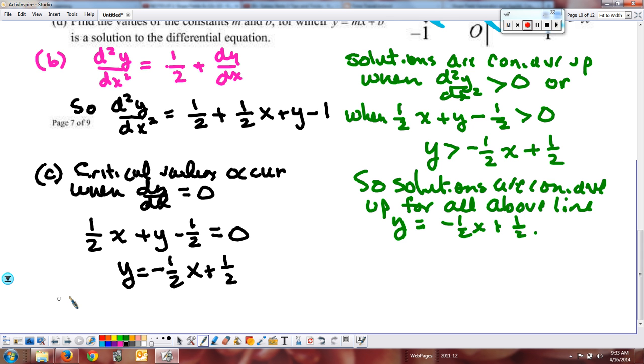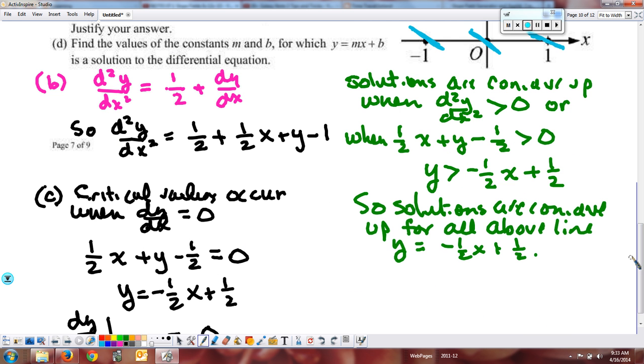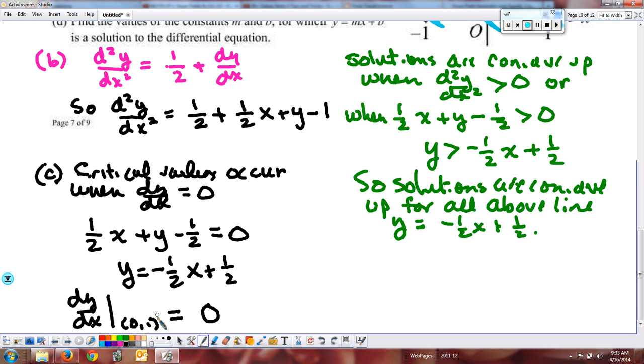Our initial condition was dy/dx evaluated at, and we want to go through the point (0, 1), which we already figured out had a slope of 0. So at (0, 1) is our critical point that we are looking at, okay, which satisfies our negative 1/2 x plus 1/2.